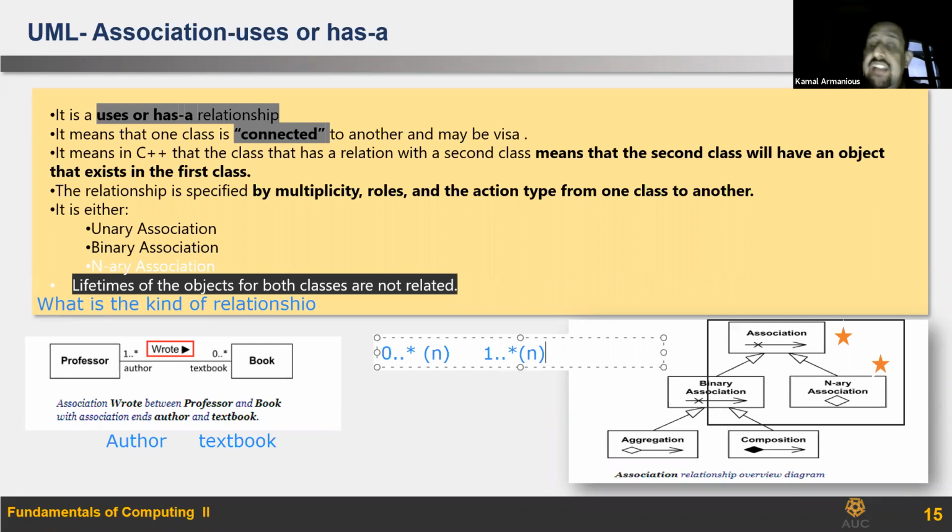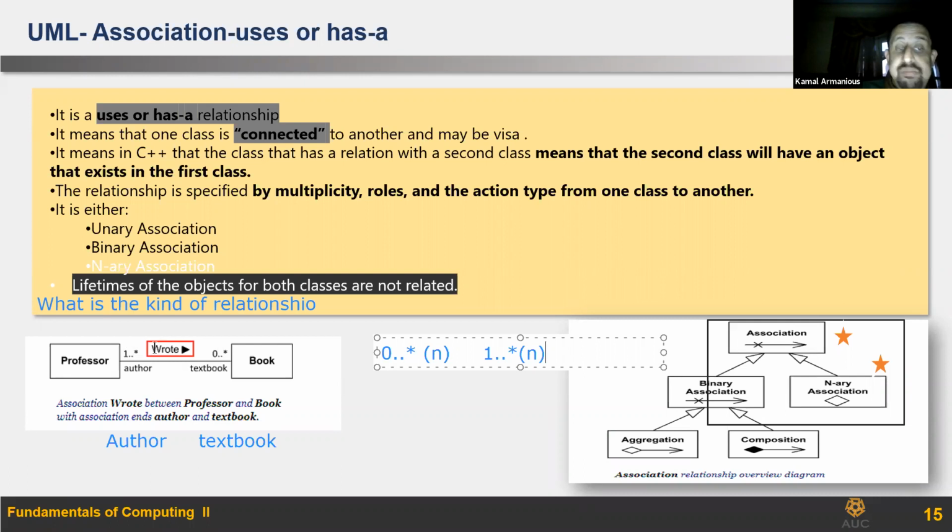In association, composition, and aggregation, you have to specify three things. First, the nature of the relationship. Second, the role of each class in the relationship. Third, the cardinality or multiplicity of this relationship. I will repeat.